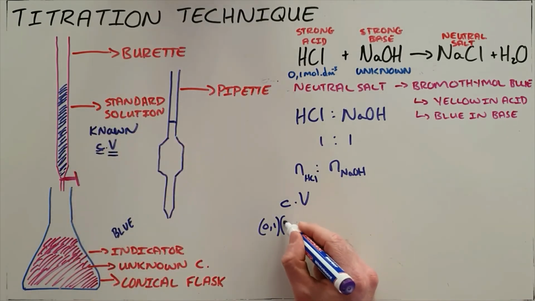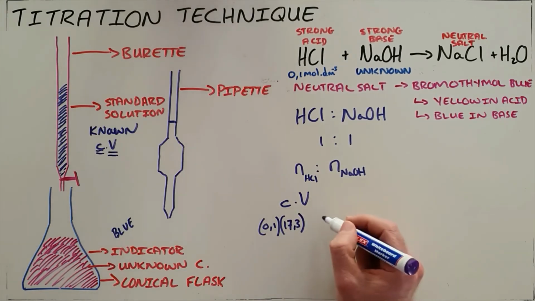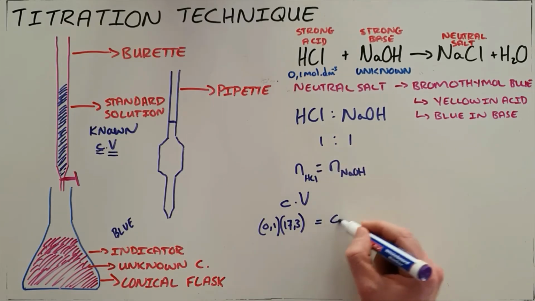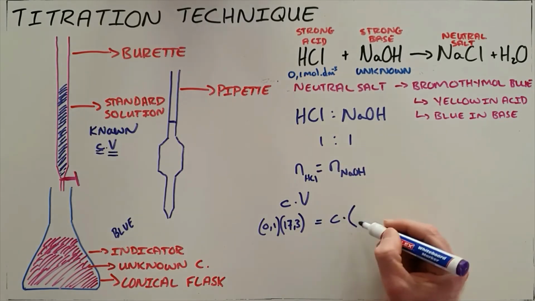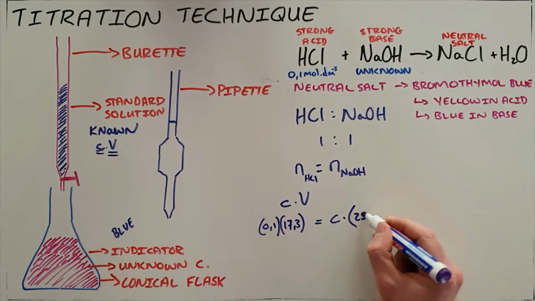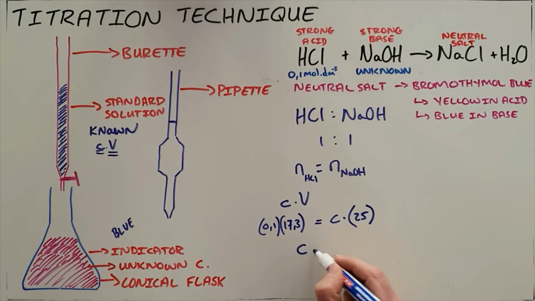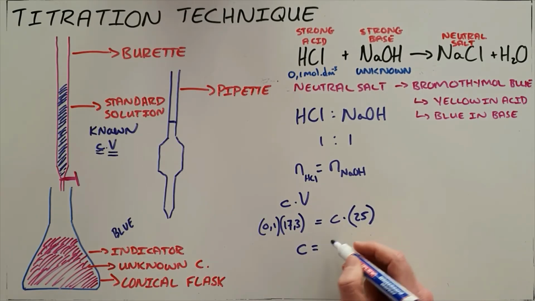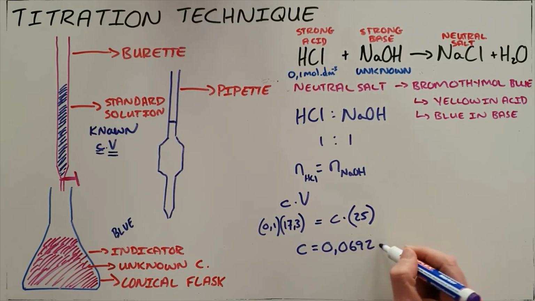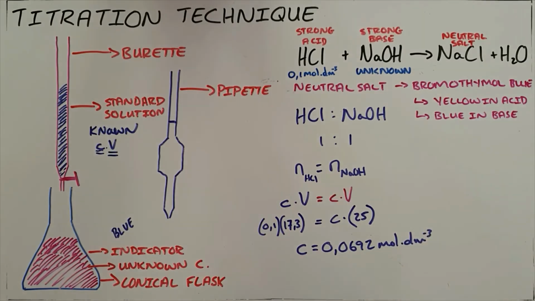In this example, we found that to be 17.3 cubic decimeters, and we know that that must be equal to the concentration of that unknown substance multiplied by the volume, and we know that we started by adding 25 cubic decimeters of this solution, which means that we can then solve for the concentration of this unknown substance to find that it is 0.0692 moles per cubic decimeter.